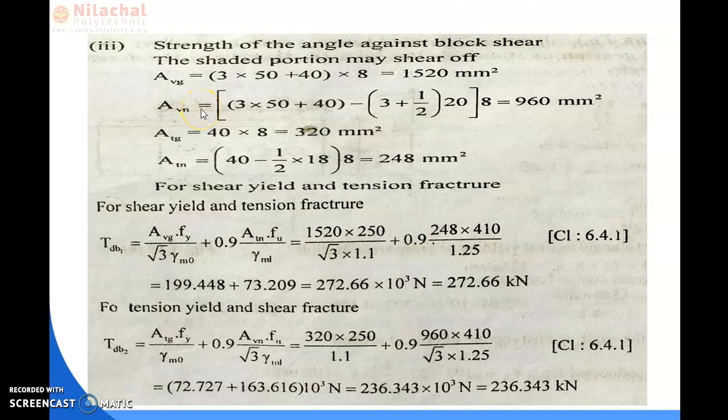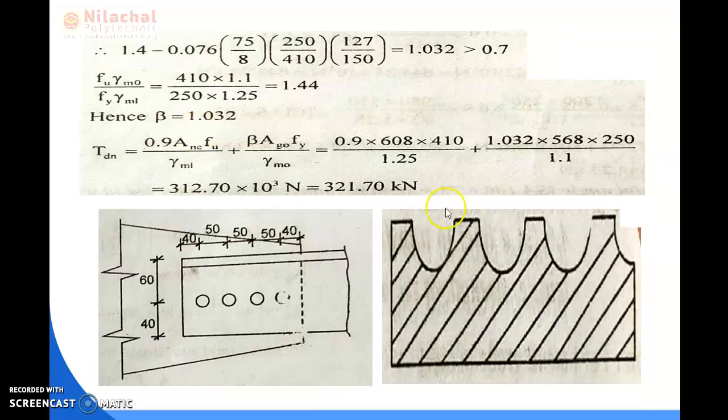In this way, the ATG and ATN value we can calculate. So to calculate the ATG, which is the cross section area along the T line, that means the width of the block shear along the T line multiplied by thickness of the block shear, which is 8, and the width of the block shear along the T line is here to this much, which is 40.